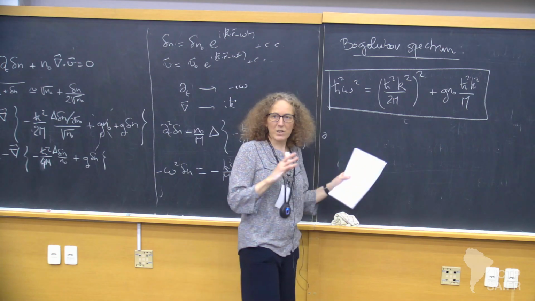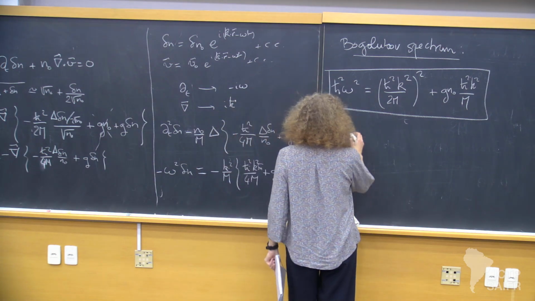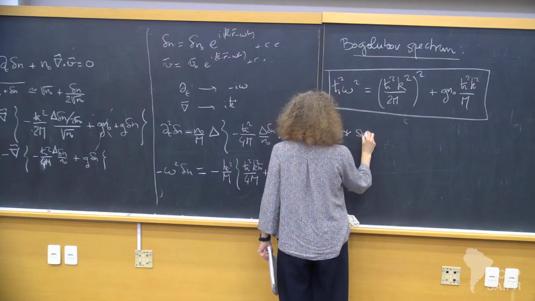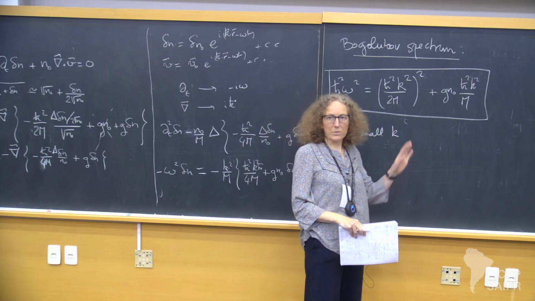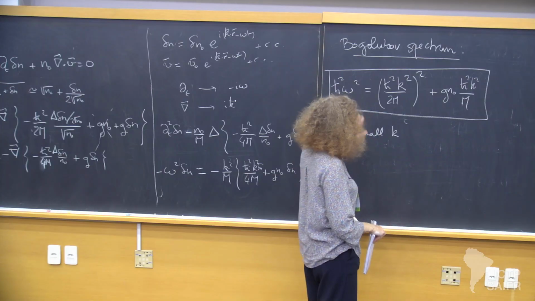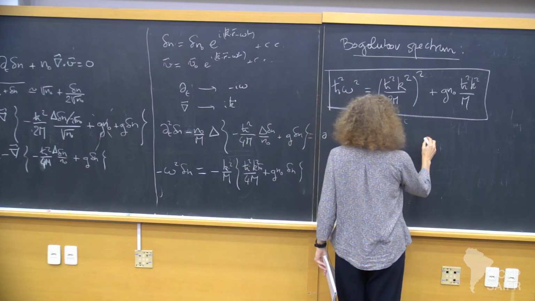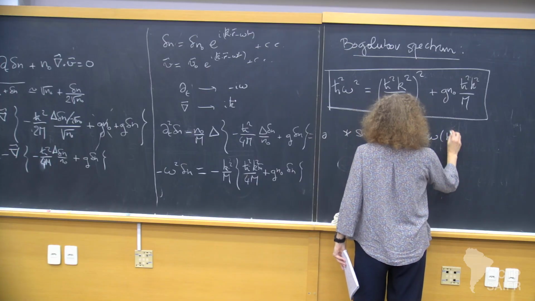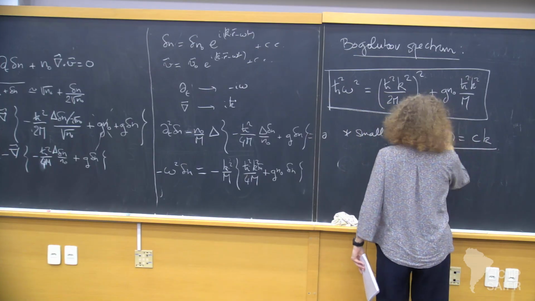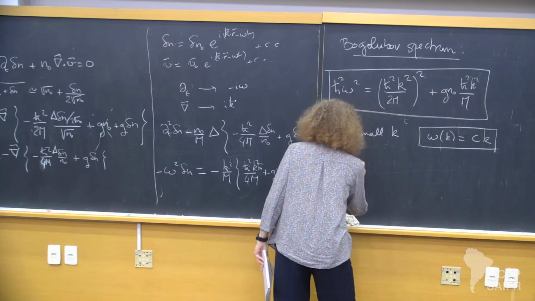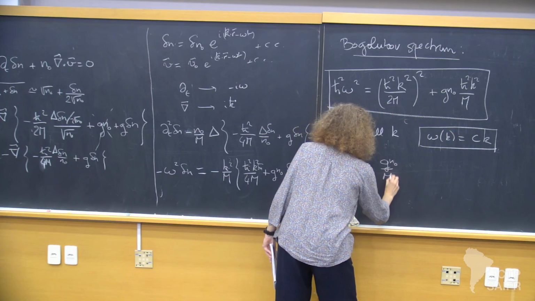So there are two regimes, depending if k is small or k is large. At small k, then k to the fourth is very small as compared to k squared. And if I take now the square root, I will find that omega of k is simply c times k, where c is the speed of sound and is square root of g n0 over m.